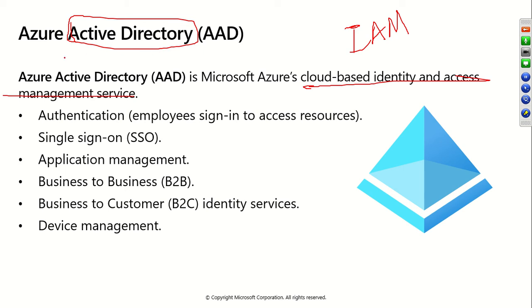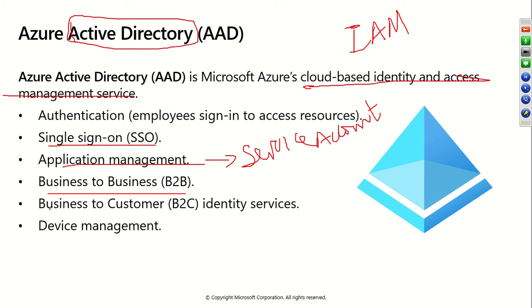So with this Azure Active Directory, you can authenticate your user, you can use single sign-on, you can also manage applications that require service accounts. Service account meaning they require a way by which they can connect multiple applications to each other. You can also use Azure Active Directory for business to business or business to customer identification.